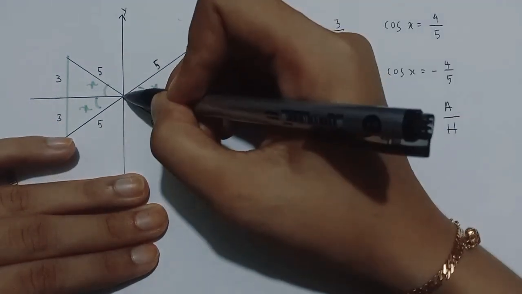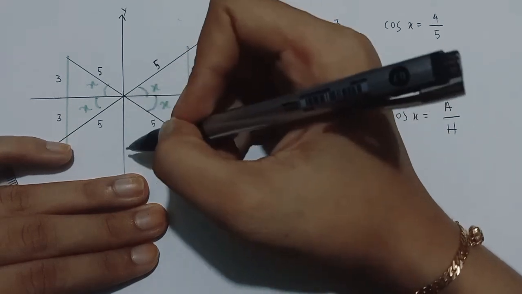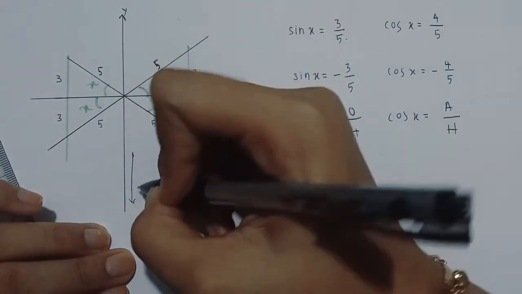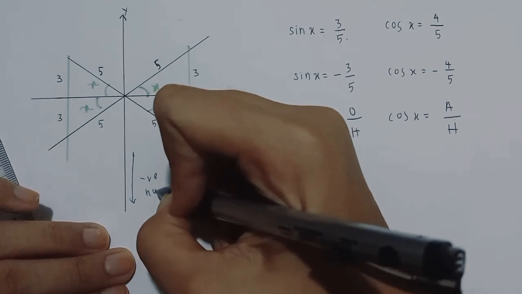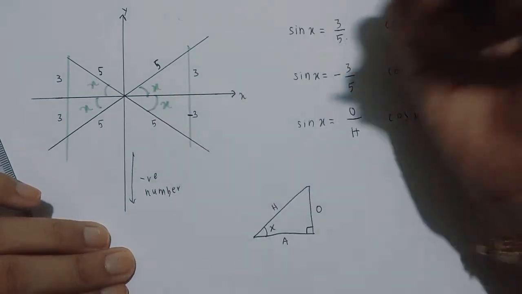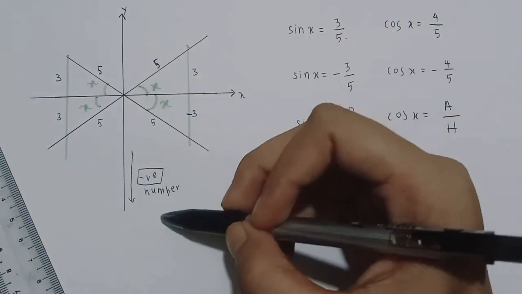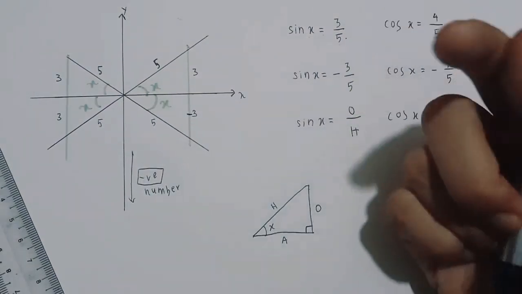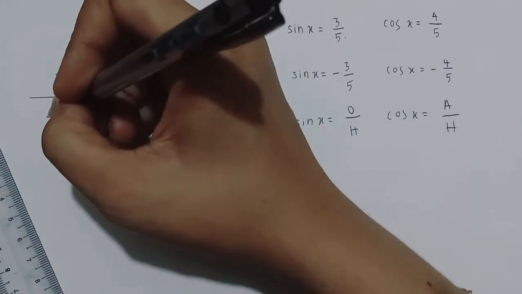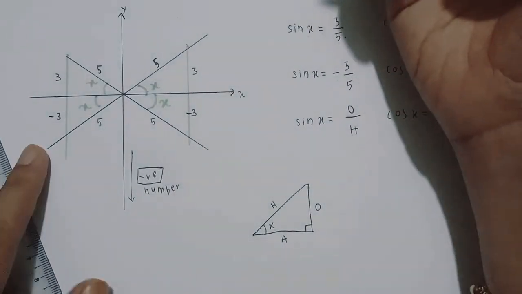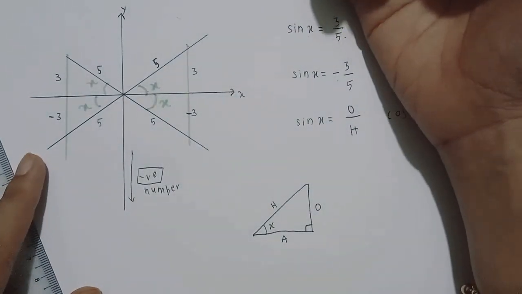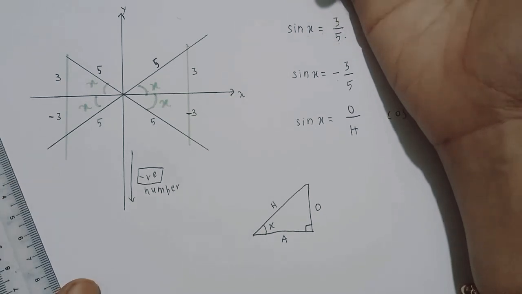If here is 0, then the one below is a negative number. Sorry for my handwriting. So this is the negative. We give the negative number, right? The same goes for this, so it is negative 3. Alright, so we're good with that.